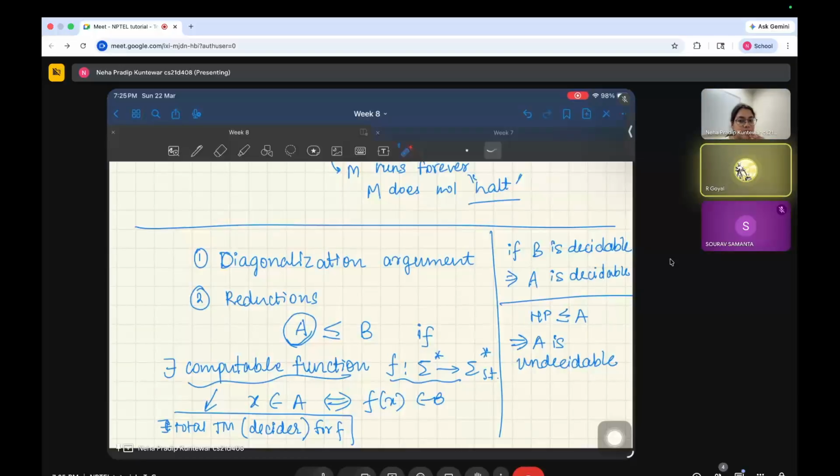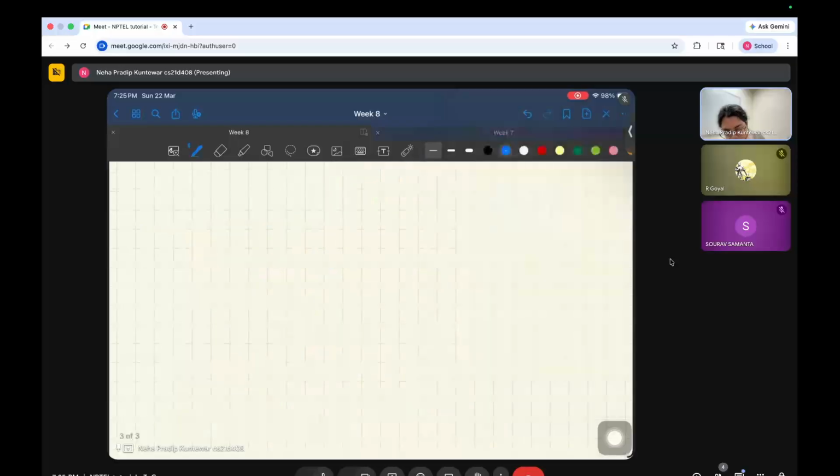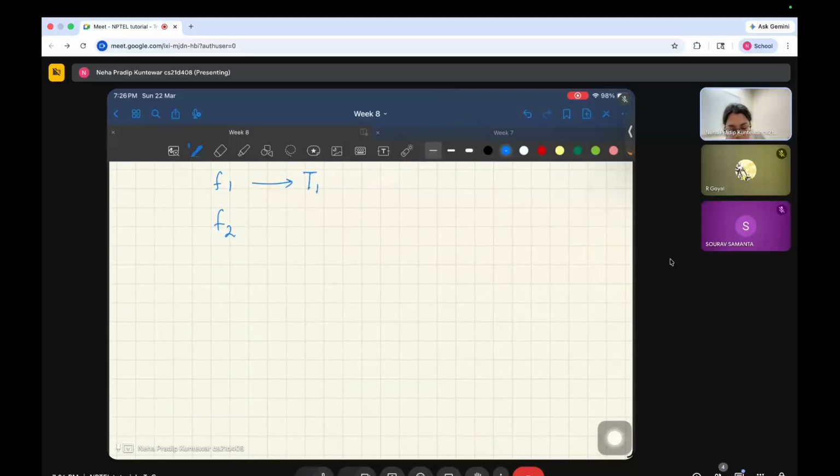That the languages are uncountably infinite, and the Turing machines are countably infinite. But that same argument will work for us because for every function, let's say f1 and f2 are two different functions, then the machines corresponding to them, let's say m1 and m2. So if f1 is not equal to f2, this implies that m1 is not equal to m2, right? So basically this is a bijection.